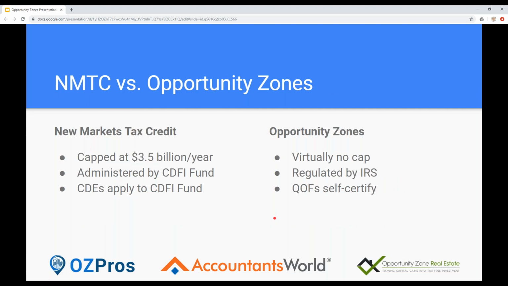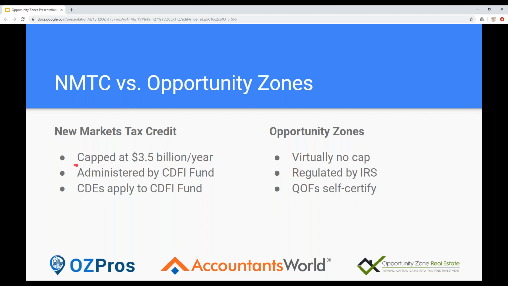Let's talk about how Opportunity Zones compare to new markets tax credits now. So you may have some clients who do some real estate development. They may likely be well-versed in new markets tax credits. I'll tell you right now, the big take home here is I think Opportunity Zones is going to dwarf the amount of capital that's going to flow in comparison to new markets tax credits.